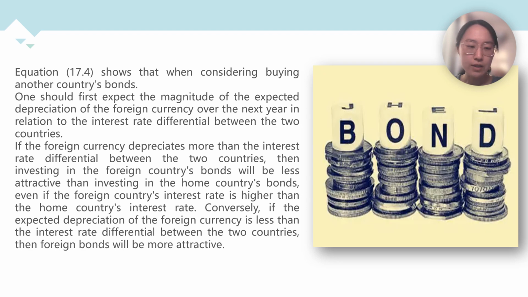If the foreign currency depreciates more than the interest rate differential between the two countries, then investing in the foreign country's bonds will be less attractive than investing in the home country's bonds, even if the foreign country's interest rate is higher than the home country's interest rate. Conversely, if the expected depreciation of the foreign currency is less than the interest rate differential between the two countries, then foreign bonds will be more attractive.